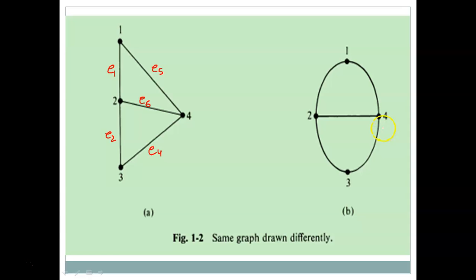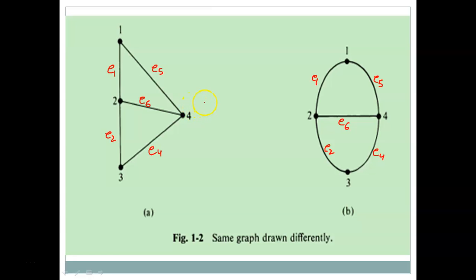There is an edge between 1 and 2, which we call E1. From 2 to 3 is E2, 3 to 4 is E4, 4 to 1 is E5, and between 2 and 4 this is E6.